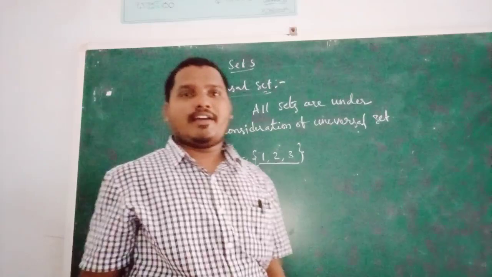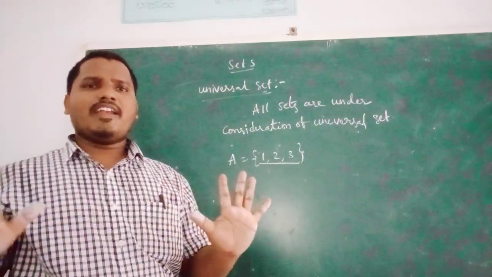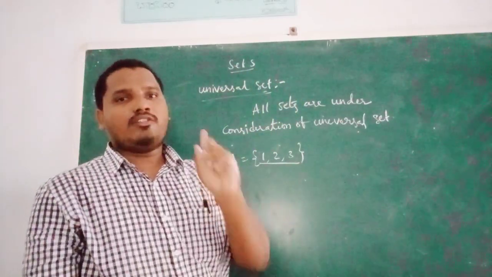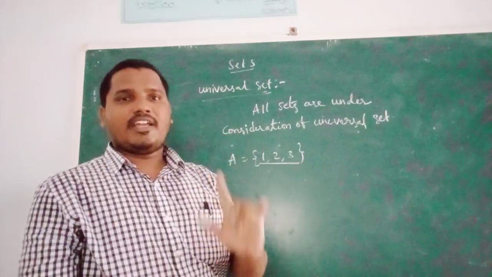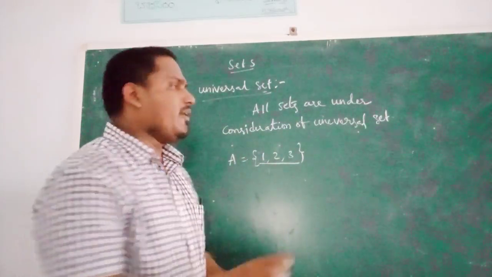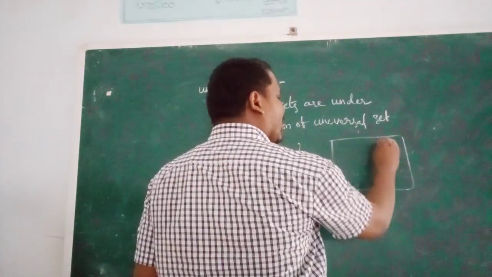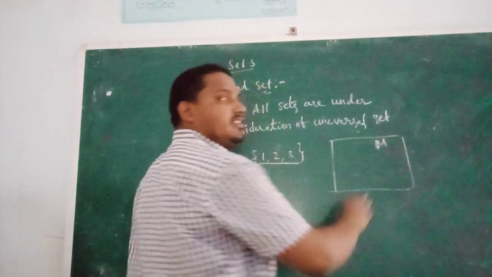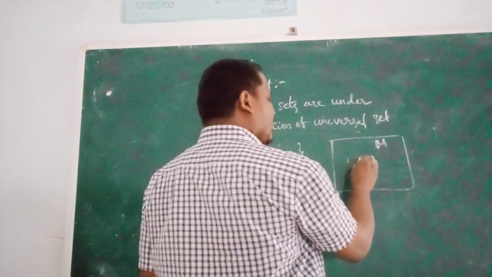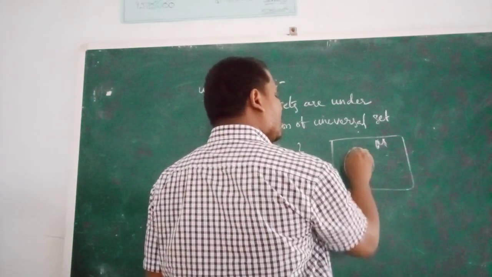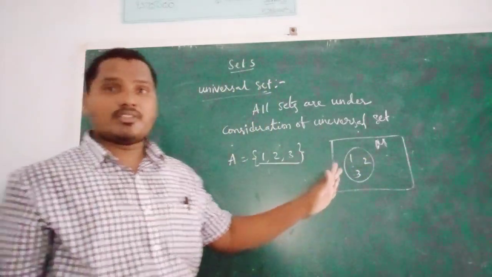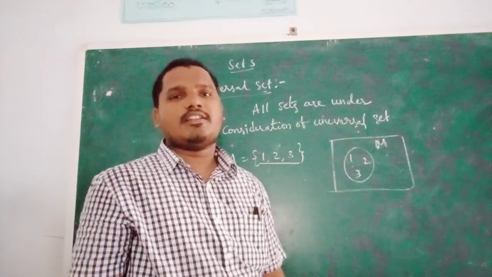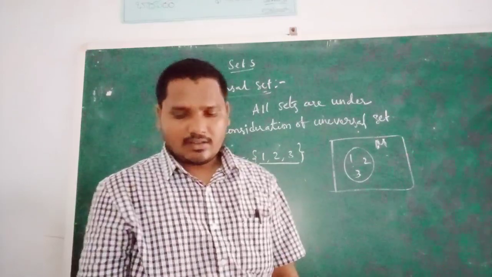In the number system, so many numbers are there, and all of them are under the consideration of the universal set. But I want only the elements 1, 2, 3, so I am taking A is equal to the set of 1, 2, 3. This is one big set, but I want only 1, 2, 3, while so many numbers are under the consideration of the universal set.